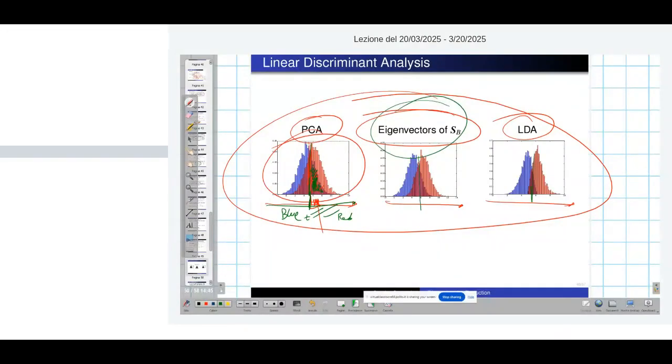With LDA, you can see that here I have a direction. If I put a threshold here, the amount of mistakes that I make is quite limited with respect to the other solutions. So indeed, I found a direction that is more discriminant. That is a direction over which the two classes look farther away, they have less overlap.